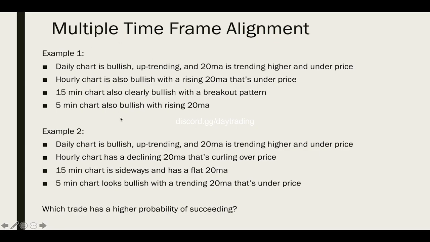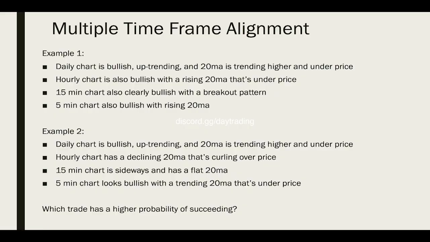So let's compare this to example number 2, where the daily chart is bullish, it's uptrending, the 20 MA is rising and trending under price. However, the hourly chart has a declining 20-day moving average that's curling over price, right? And remember, when it's declining and curling over price, that suggests bearishness.